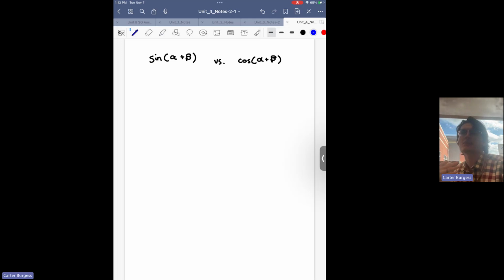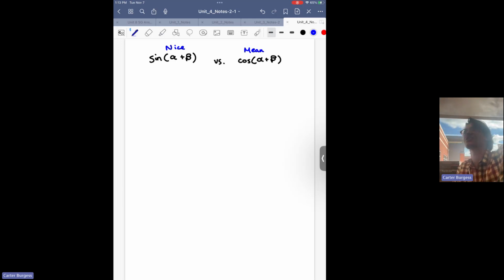Again, not a mnemonic, but basically a mnemonic that we are going to use is that sine is nice and cosine is mean. So sine is nice. Sine gets along well with other trig functions. Sine likes camaraderie. Sine likes to mix and mingle. And sine isn't going to do anything shady with that plus.